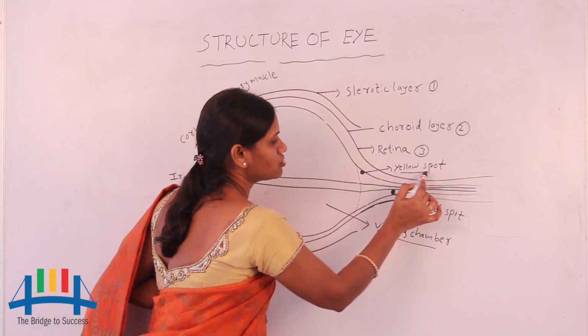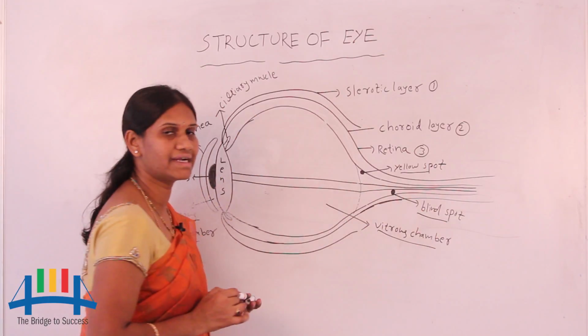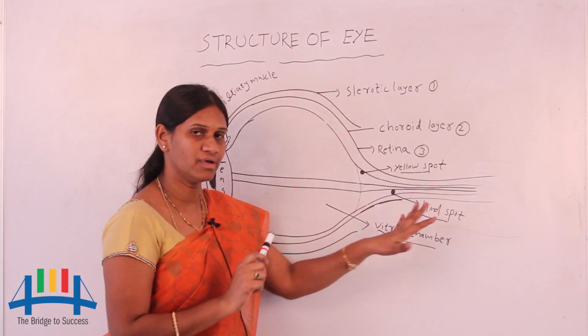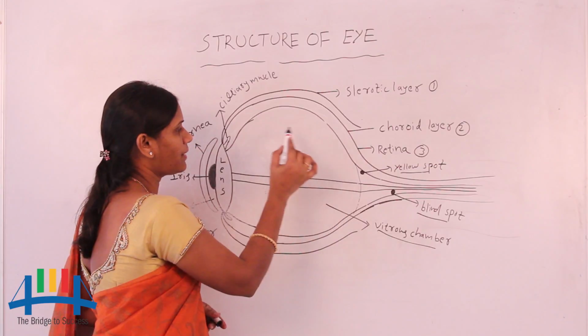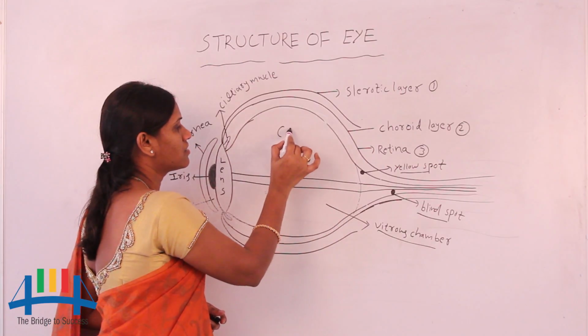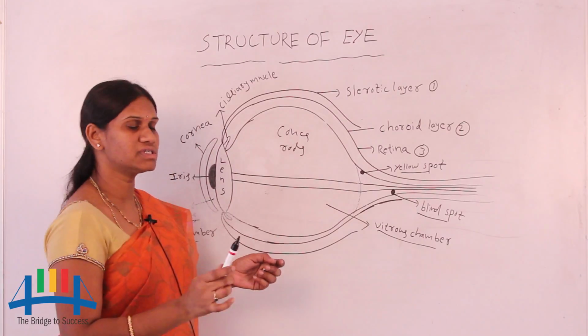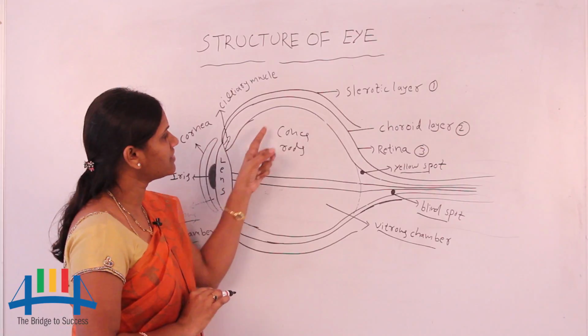Then there are two spots: one is the yellow spot and one is the blind spot. What is the function here? The yellow spot helps in analyzing the image with the help of two types of cells, cones and rods. These cones and rods are present in the eye.